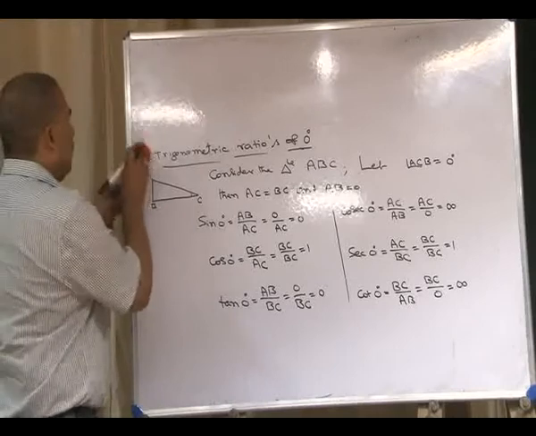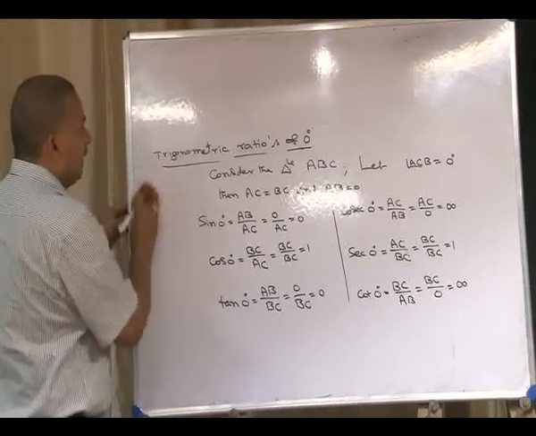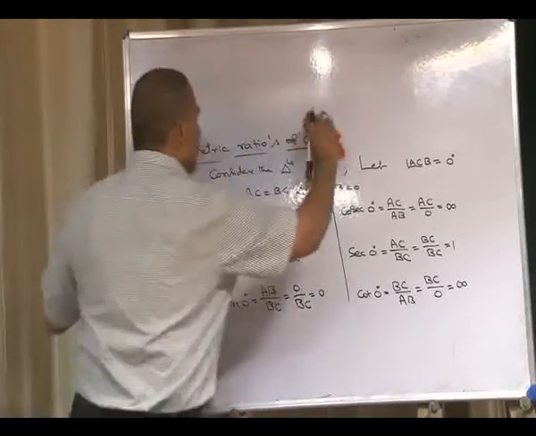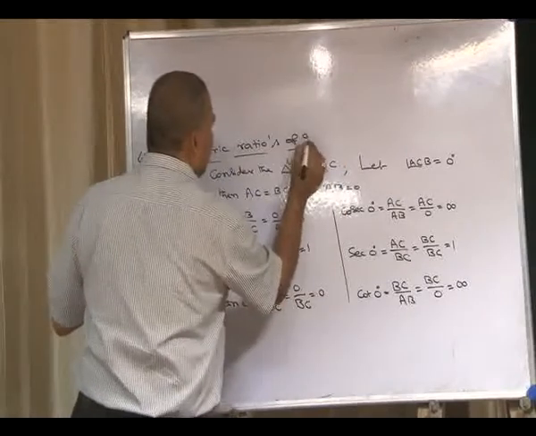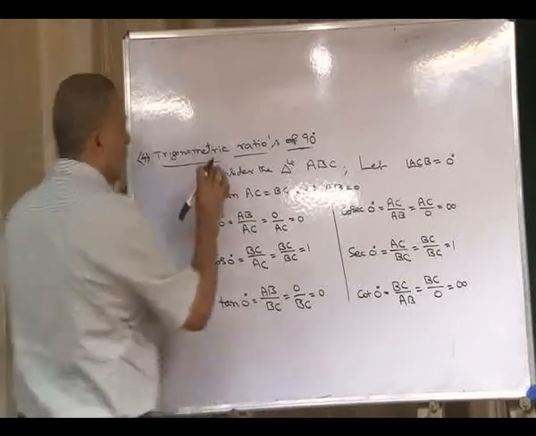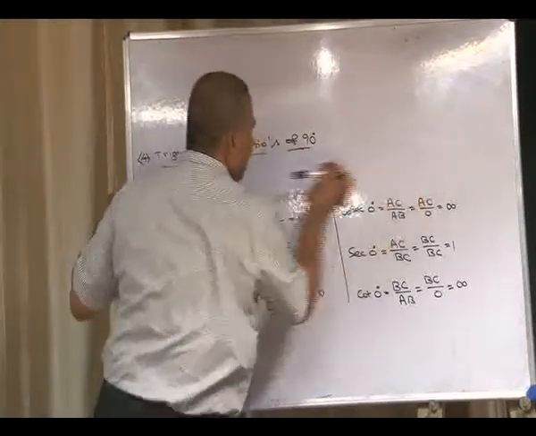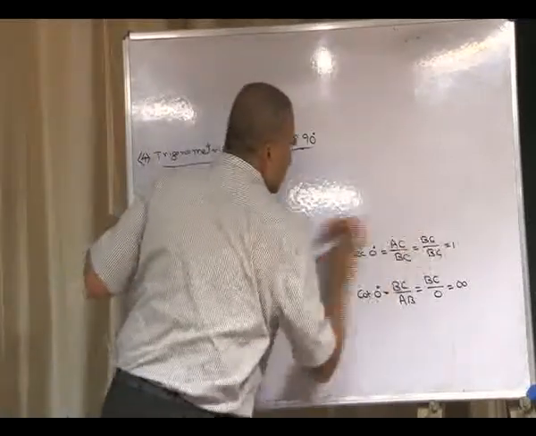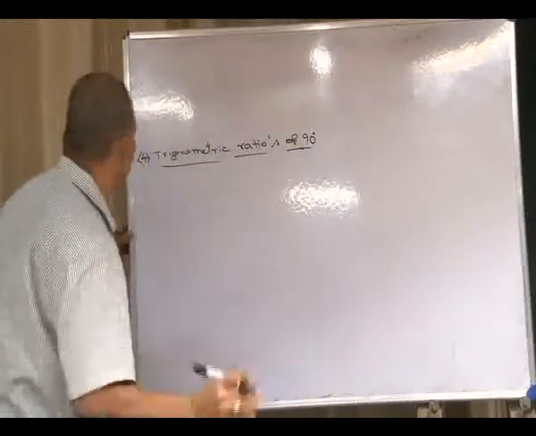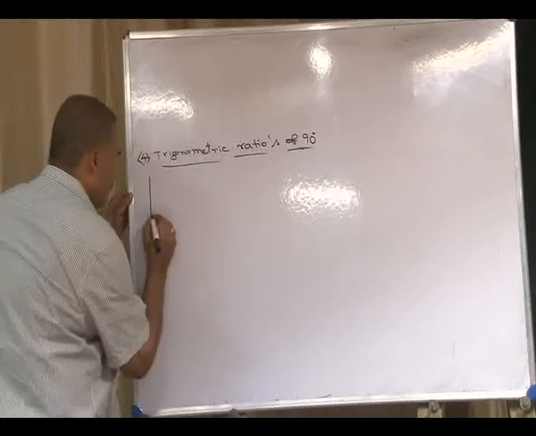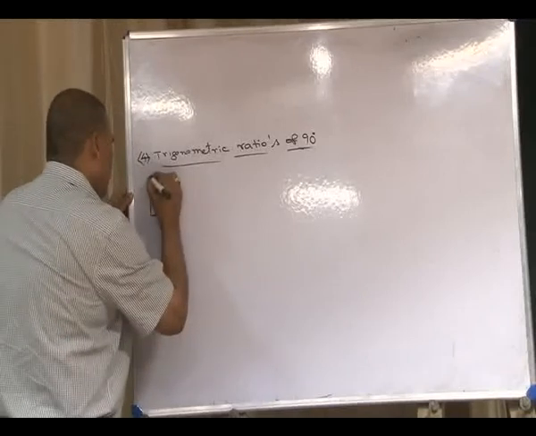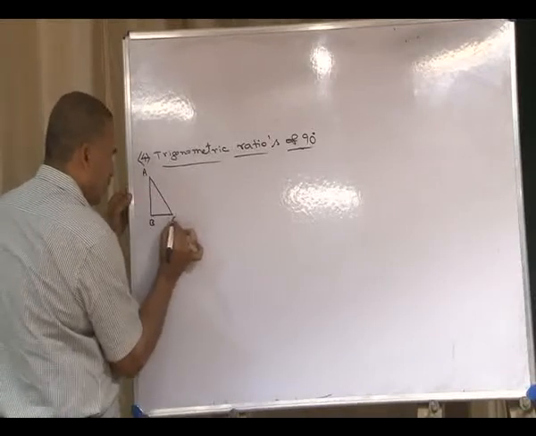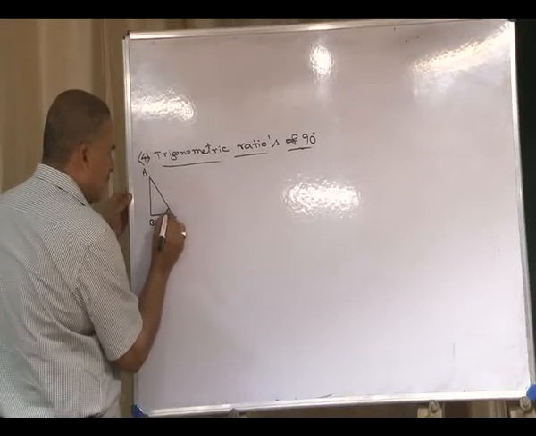The last one is the trigonometrical ratios of 90 degree. We consider this angle as 90 degree.